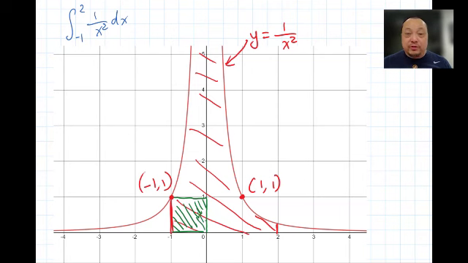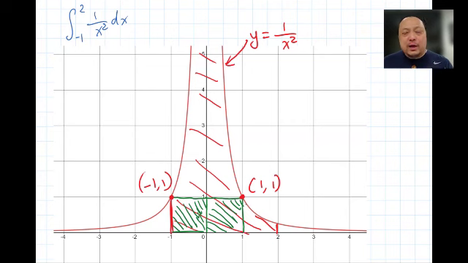It's just a 1 by 1 square. And for that matter, there's another 1 by 1 square over here. So that's also equal to 1. So together, the two of them are already equal to 2. So there's no way it can be -3/2. So wrong sign and wrong value. Okay? The negative sign is wrong and the 3/2 is wrong.